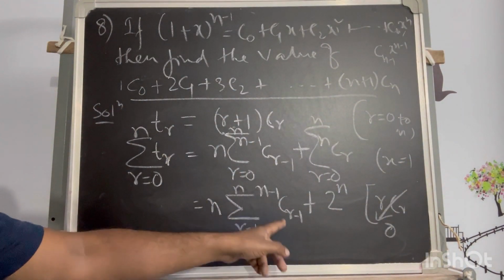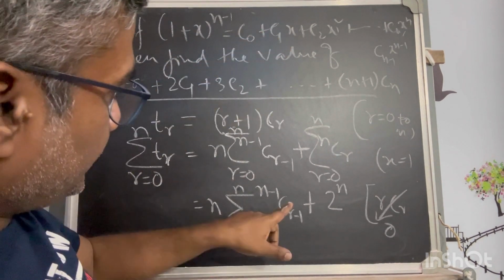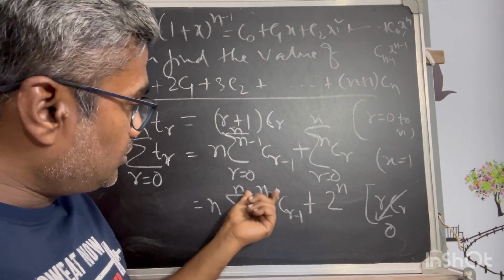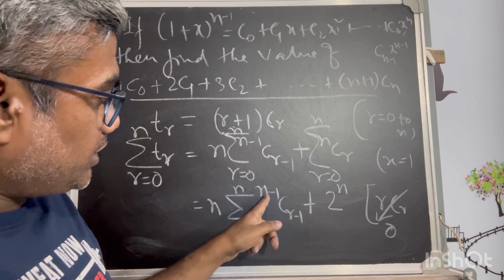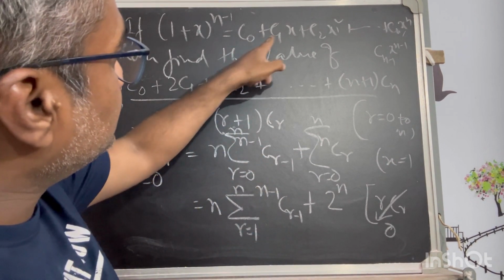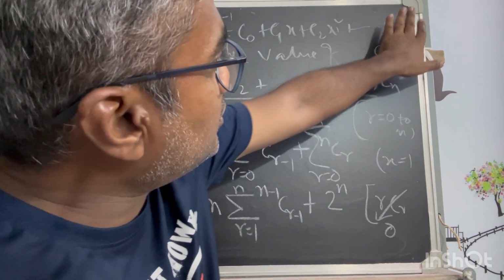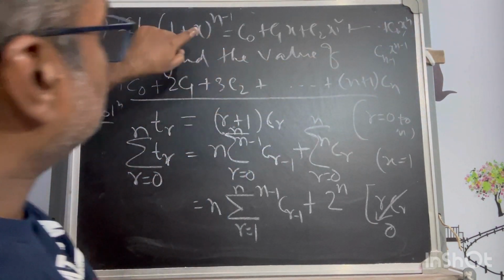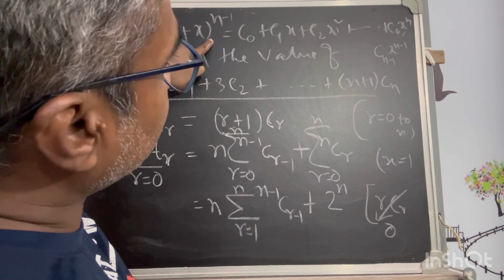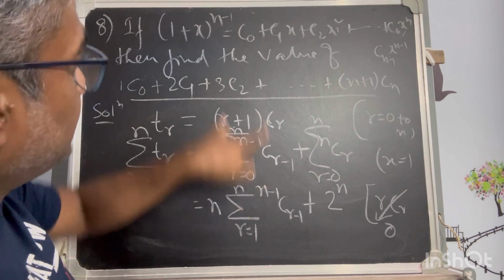This will follow the same pattern, where r is taken as 1, this will become C0, and this is the highest power, so n minus 1 C0. If I put r equal to 2, this will become C1, and this will go till the end of the series, the last will not come. So this is nothing but the expansion of this series n minus 1 whole.